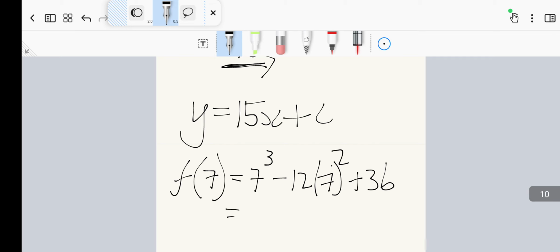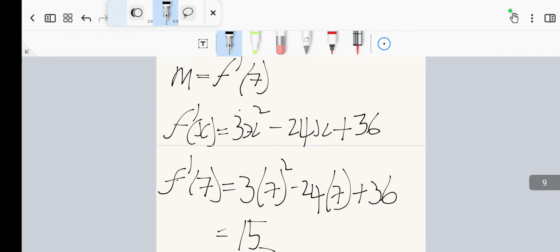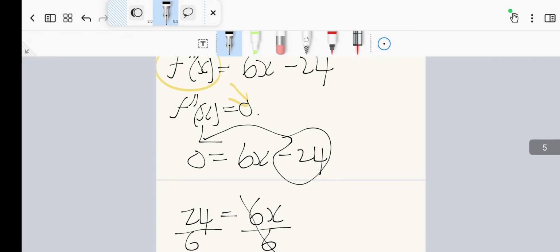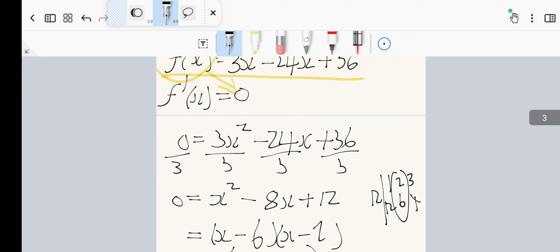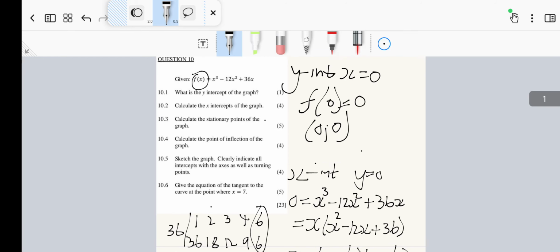Calculator says minus 209. So now I'm wondering if that's right because it looks very big. Let's just double check quickly. What is my function, in case I made a mistake? So back to the original function. Oh, I forgot about my x, right? So it's 36 times 7.